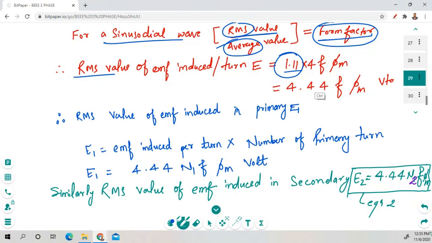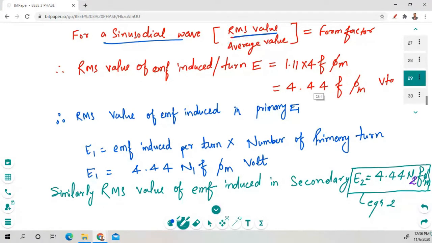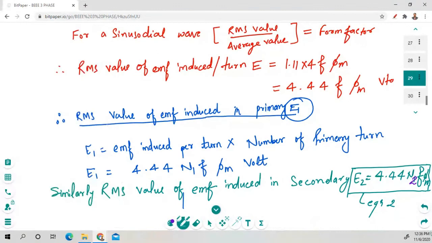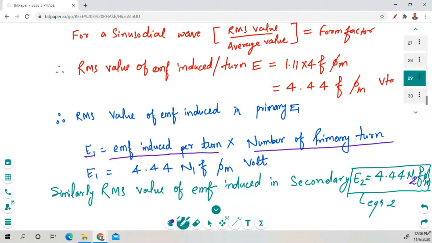Write in chat box. Any doubt till now? How we have calculated this RMS value? Have you understood? Okay, so the RMS value for EMF induced in the primary. On the primary side, we use this EMF as E1. So how to calculate this? The EMF is equal to the EMF induced per turn multiplied by the number of primary turns.